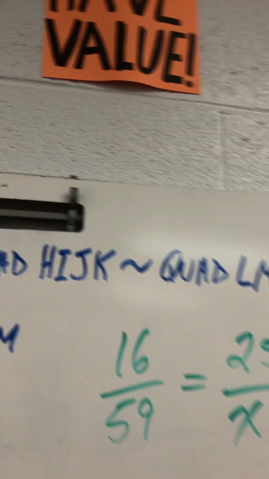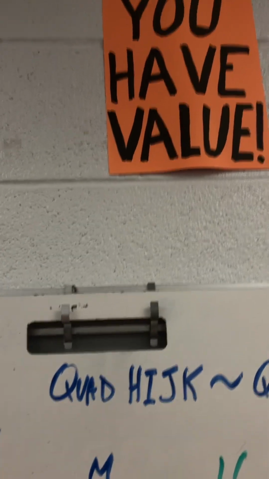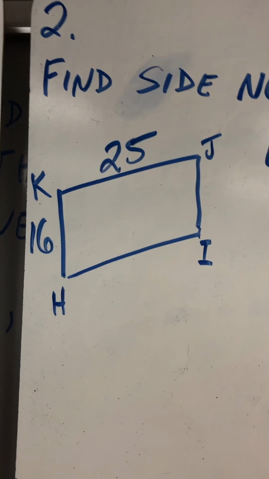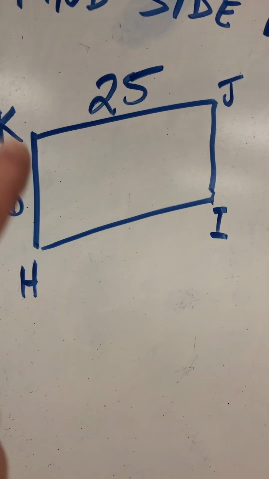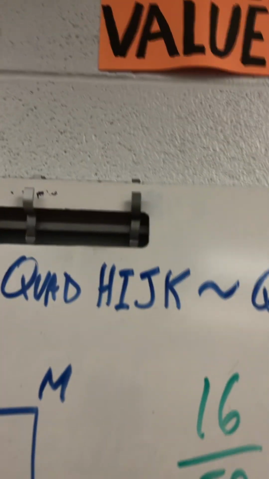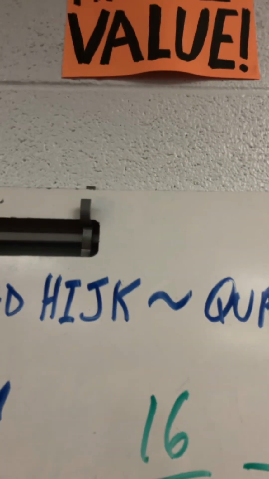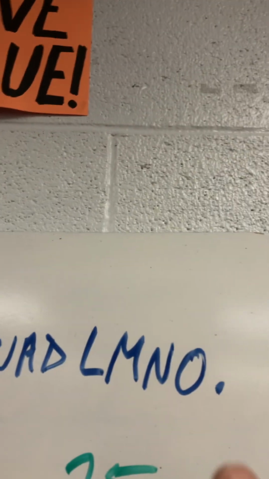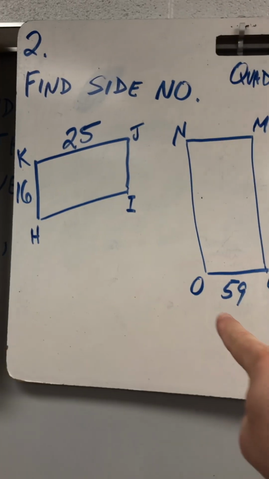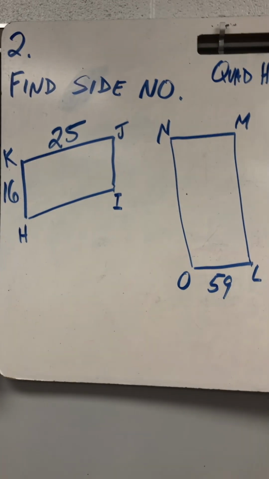Here it says quadrilateral HIJK corresponds with LMNO. So if I take KH, which is 16, what does KH correspond with? KH corresponds with OL. All right? So this 16 is going to correspond with this OL, which is 59.